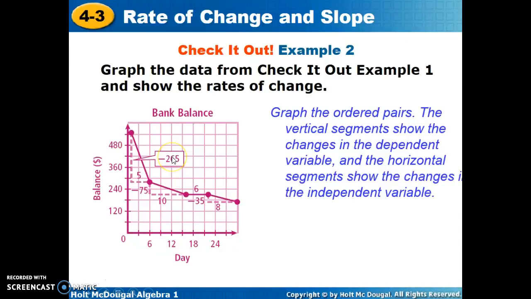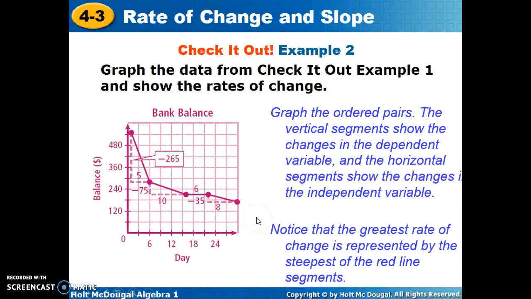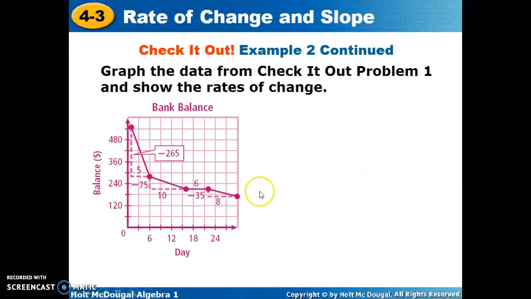And we know that's going to give us a negative rate of change of negative 53 dollars per day. And sure enough, we look at our line, and it has a negative slope. We can see all of these segments, except for this one right here, having a negative slope. The greatest rate of change is represented by the steepest. This would be the steepest, and we could see that it is negative 53 dollars per day.